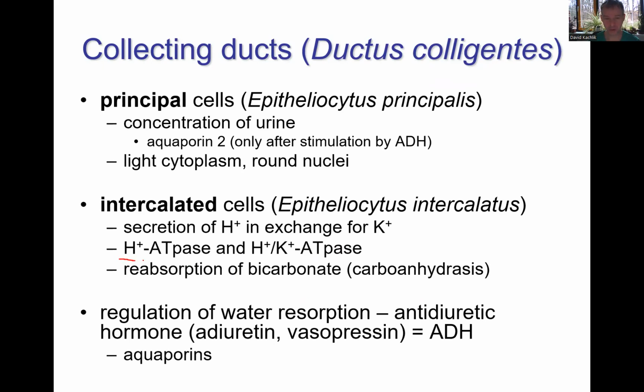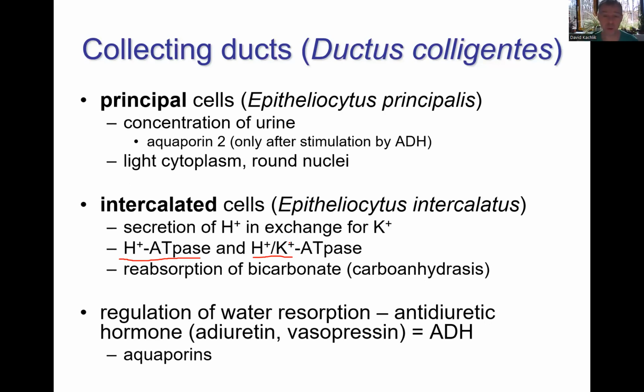One is for protons, and the other exchanges protons and potassium cations. And these serve for modulation of the pH of urine. It's very important to get rid of protons, because the metabolism of the human body produces too many protons, so it's acidifying. So we try to get rid of it.